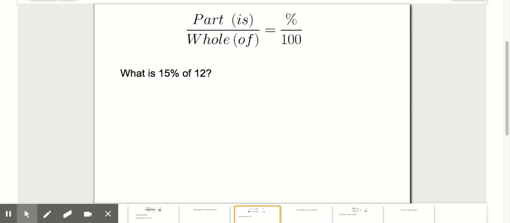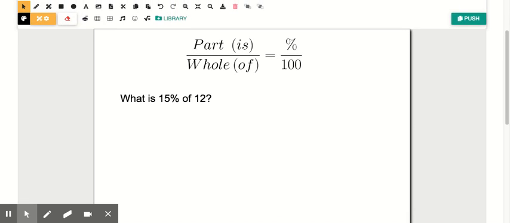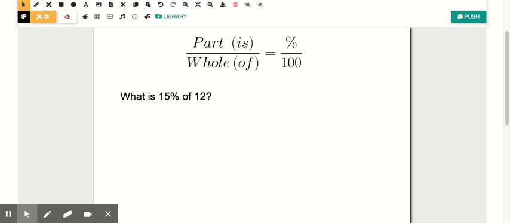There's lots of different possibilities we have here with our percent proportion. Now this time we're looking for what is 15% of 12. Let's set up our percent proportion. I'm going to start in green this time. What do I already know?